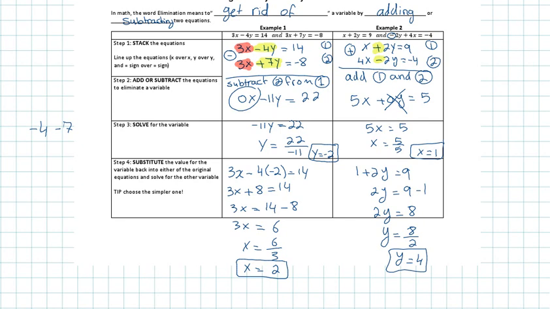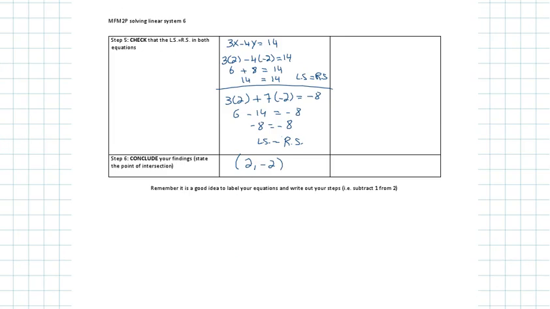Now, all I have to do is check my solution. So I have to plug in the x and the y in both equations. So, x plus 2y equals 9. Instead of x, I'm going to put 1.